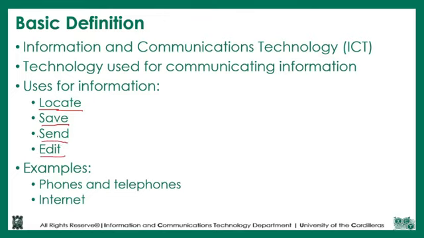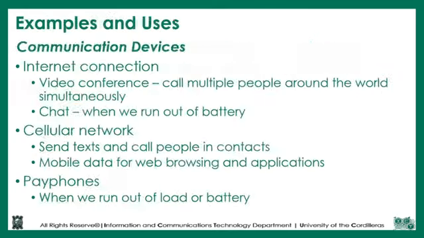So we can do a lot of modifications and things with technology with regards to information. Now, let us look at some of the examples and the uses of ICT tools and ICT applications or services. The first one is it can be used as a way for us to communicate, so in the form of communication devices. We have internet connection, obviously.